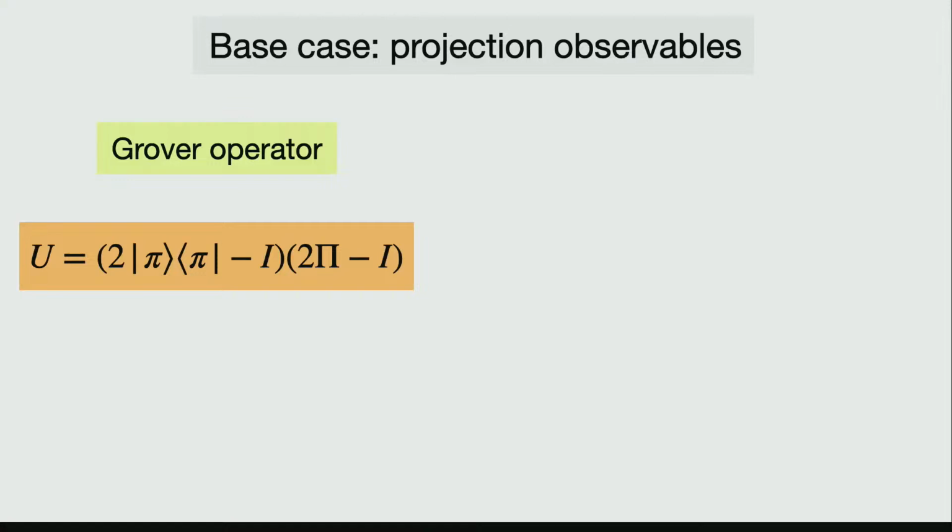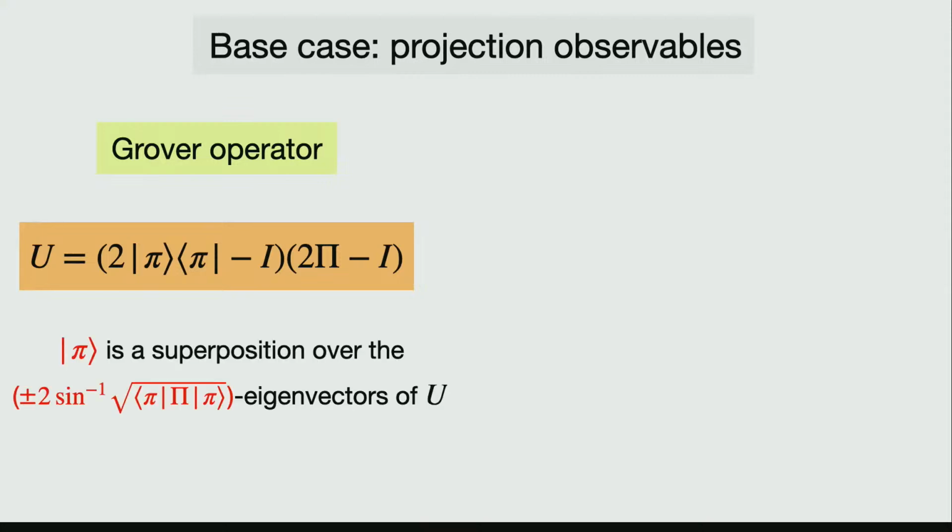The idea is to start with the Grover operator, or a variant of it, which is defined as follows. First, you apply a reflection through the observable, which is a projector, and then you apply a reflection through the quantum Gibbs state. It costs you one resource of applying this unitary.